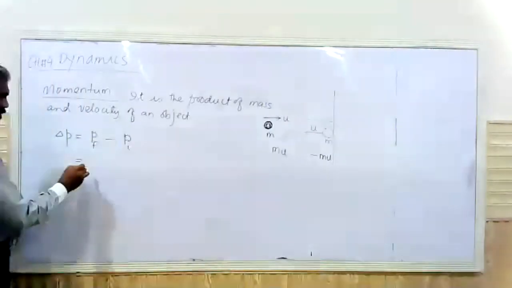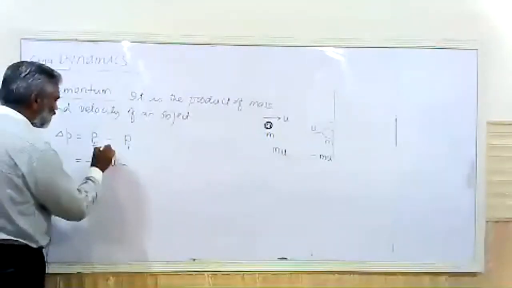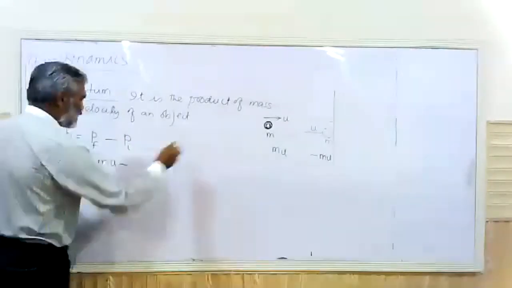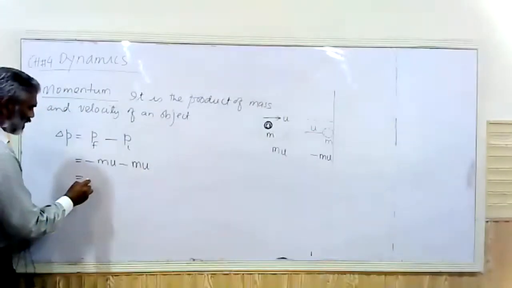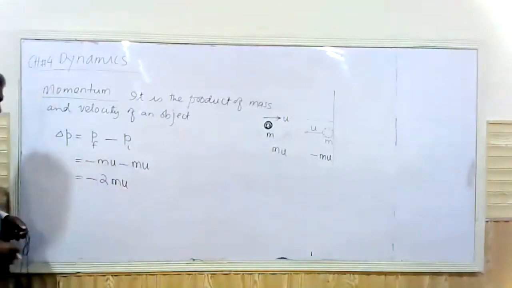PF is minus mu, and this minus the formula, and this initial is mu. So change in momentum is actually minus 2 times mu.